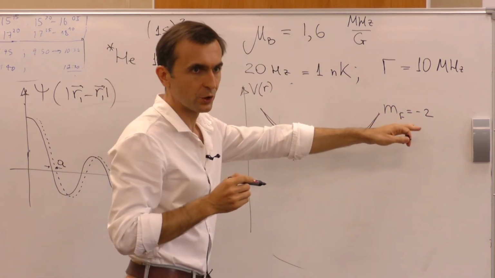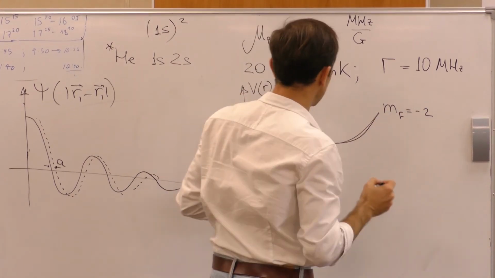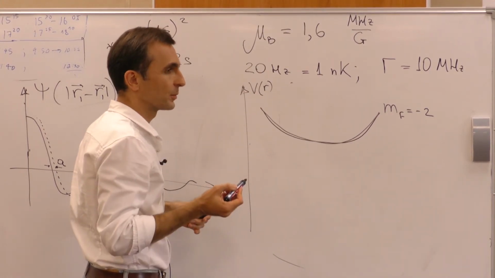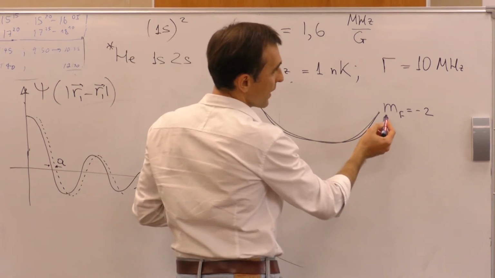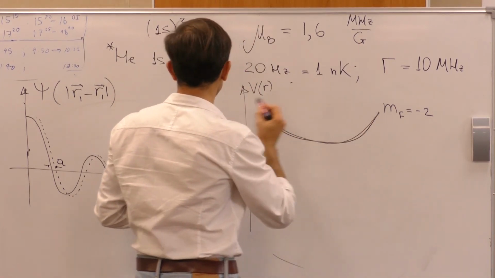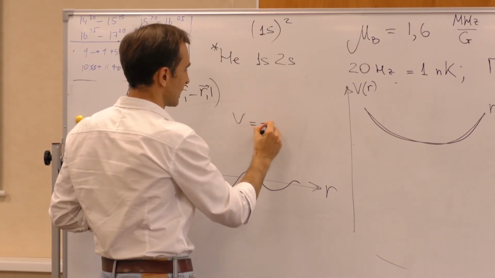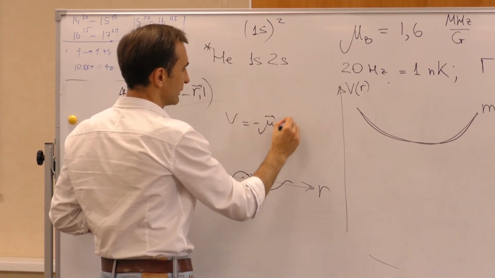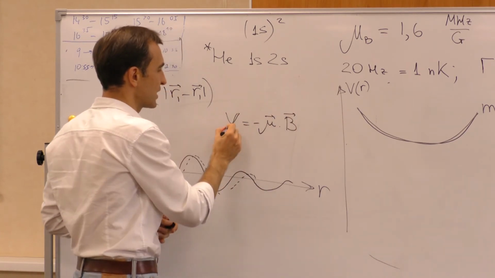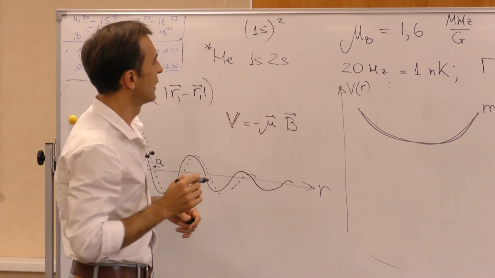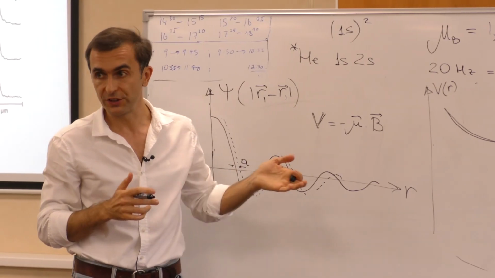It's the projection of the total angular momentum of the whole atom. In the magnetic field, the potential is minus mu times B. And the potential depends on the state the atom is in.